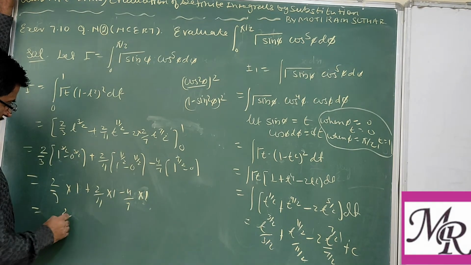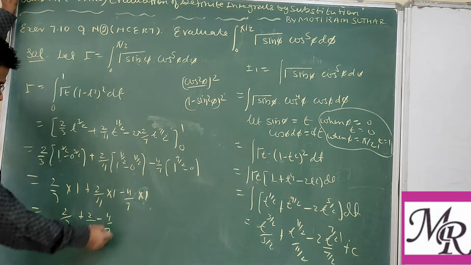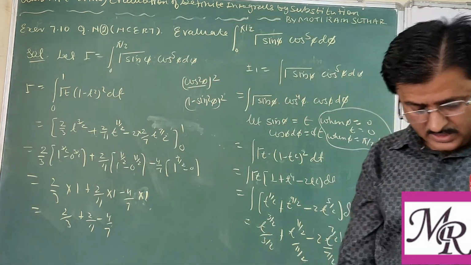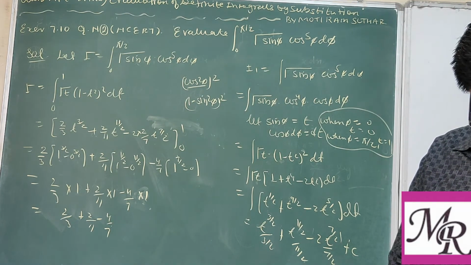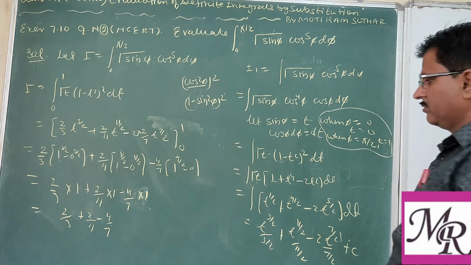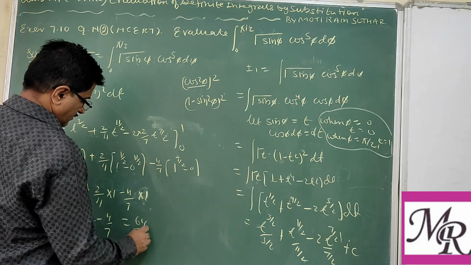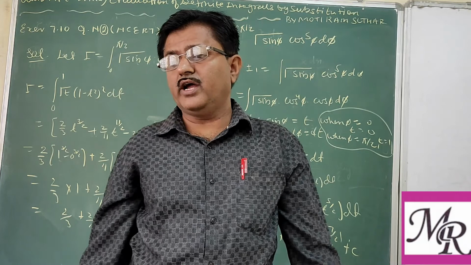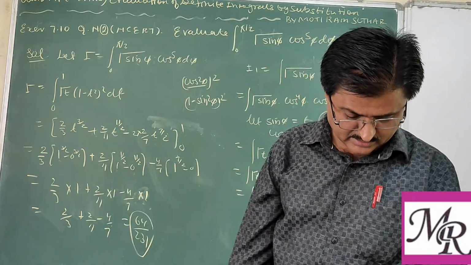So now 2/3 plus 2/11 minus 4/7. Now you can easily take the LCM and simplify, and you get the answer. Clear? That will be 64 upon 231. So in this way you can find the definite integral by using suitable substitutions.